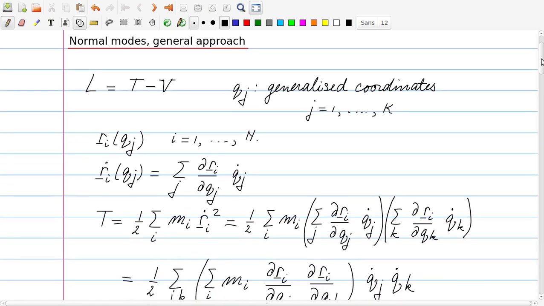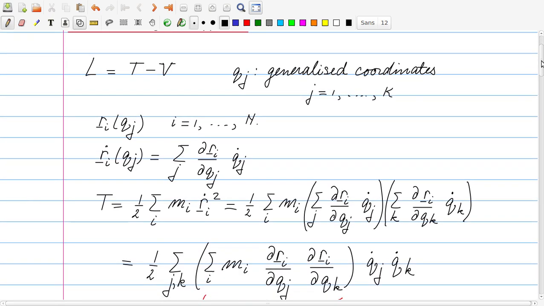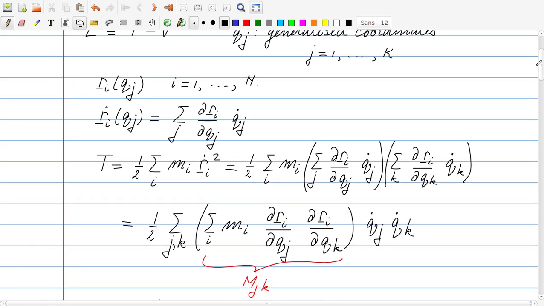And then I can streamline this expression by just reordering the sums. So in this case I've put the sum over j and over k in front of the expression, and now in the parentheses there is the sum over i with an m_i, and then these two terms. And because I sum over i, this term no longer depends on i itself, it only depends on j and k, and I call it m_jk.